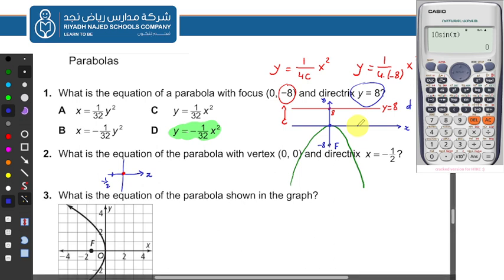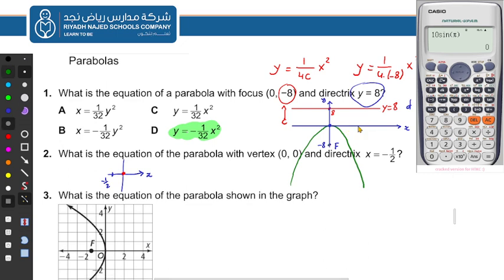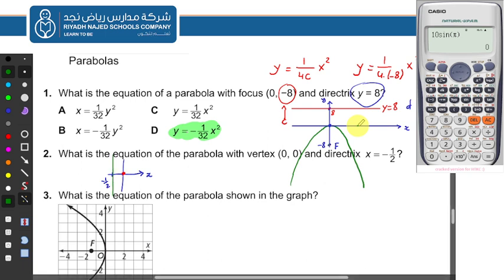The directrix is a line, so we will draw a line. X equals means that it intersects the x-axis, and this should be the directrix.